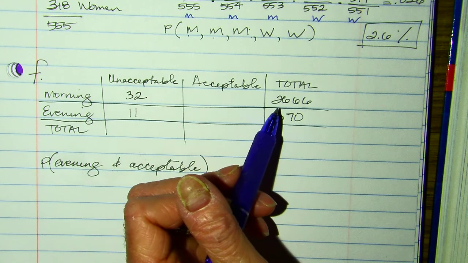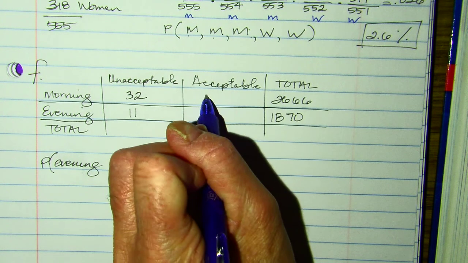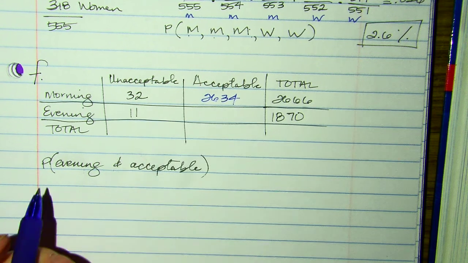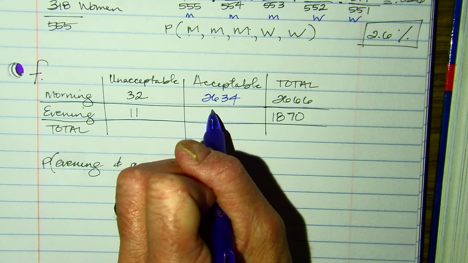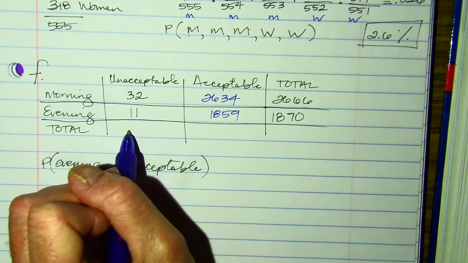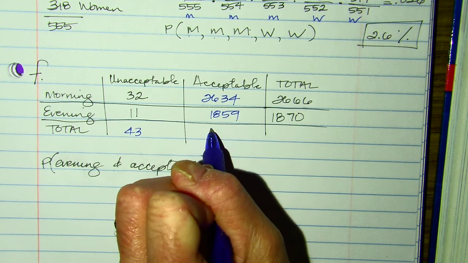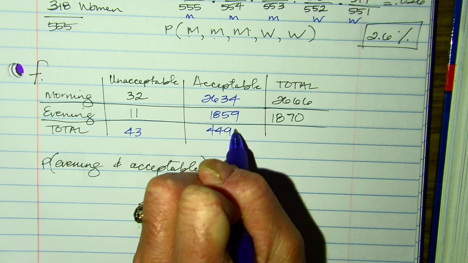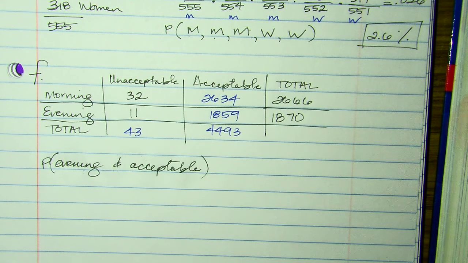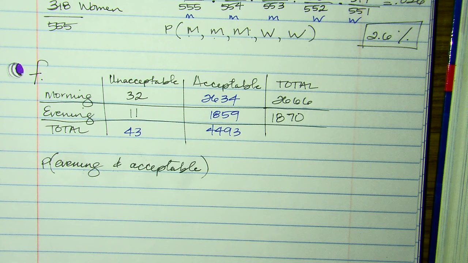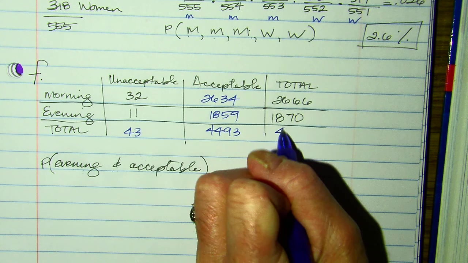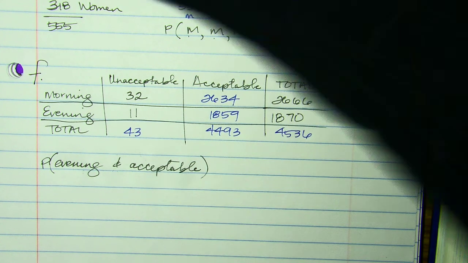So 2,666 minus the 32 means that 2,634 were acceptable. If this is 1,870, then this is 1,859, and then the totals here are 43, 44, 93, and this total here is 4,536.